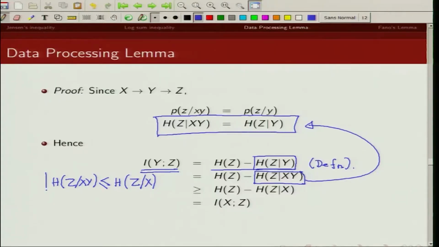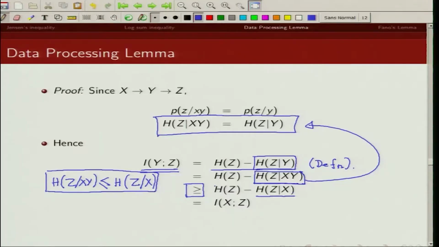So if I use this relationship and replace uncertainty in Z given XY by a larger term, H of Z given X, what I get here is a greater than or equal to sign.